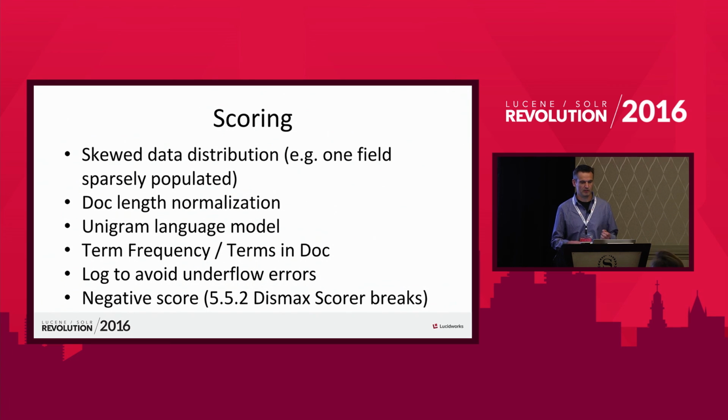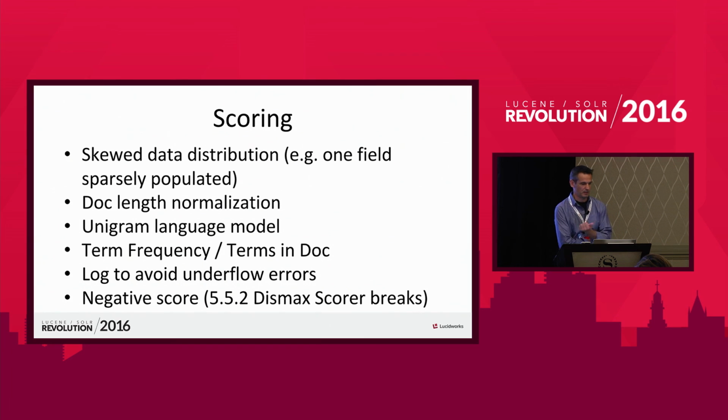If you have that, the TF-IDF similarity scoring may be producing some scores that are not really optimal for your case. The reason is that the document frequency may actually boost documents that have sparse values in some weird fields that you didn't expect. So when we looked at that, we decided to remove the document frequency from the scoring component.